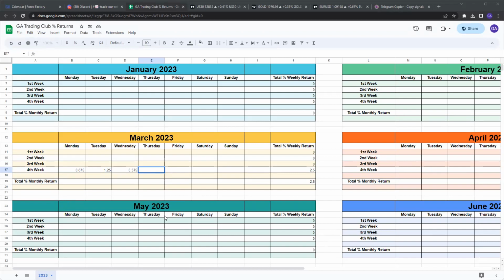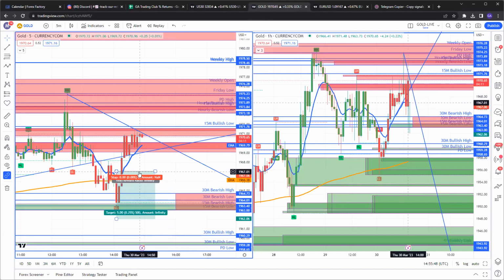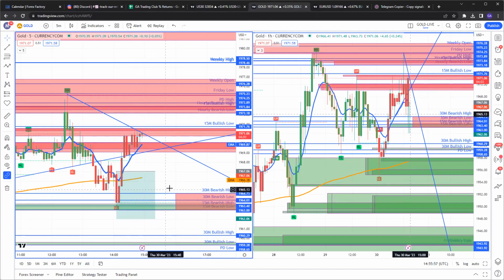Keep in mind, I don't record what I make here. I record what the signal or the trade that I take on the live and following the strategies yields. For this trade for gold, 0.5% risk. Ideally, we should have secured half. That is the strategy at this zone, either secure half or secure break even.